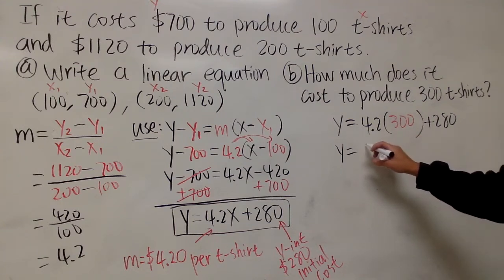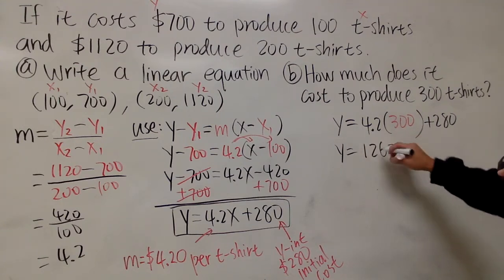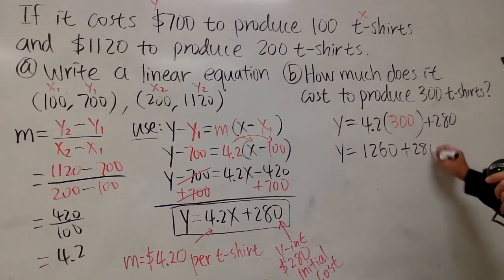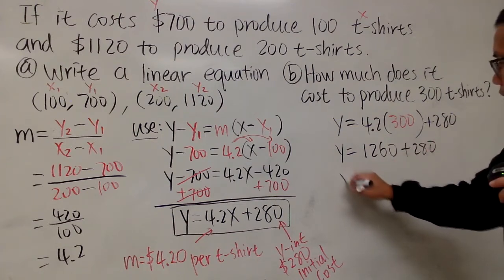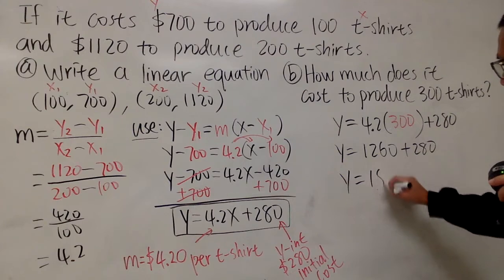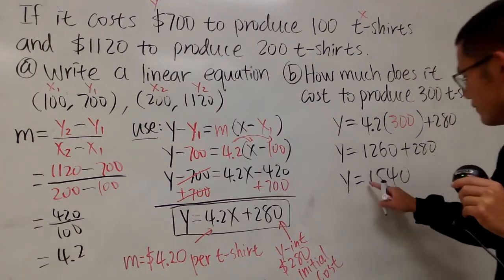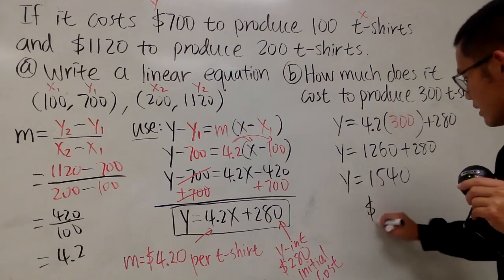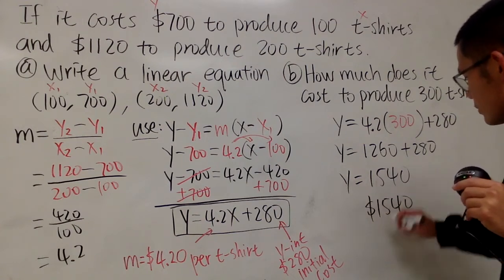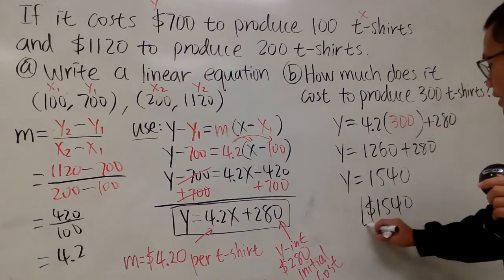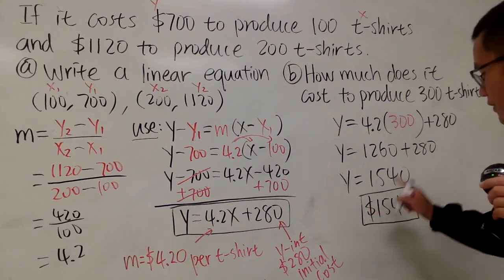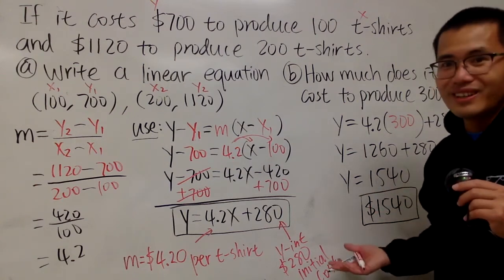We will get 1260, and then plus 280, and then of course add this up. y is equal to 1540. So that's pretty much it. And finally, remember, this is the cost. So it will cost us $1,540 for this.